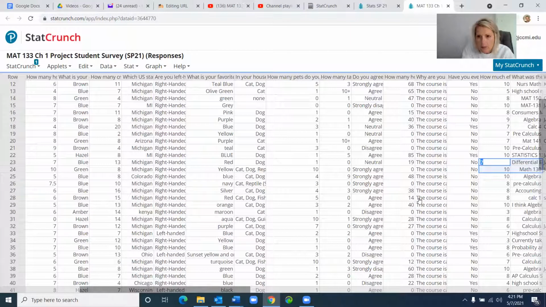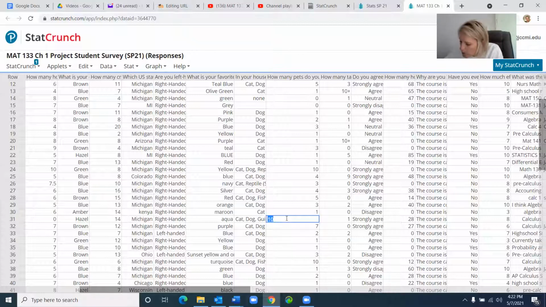So a 4 and a 3 and a 4. Then 5, 3, and a 1. And another 10.